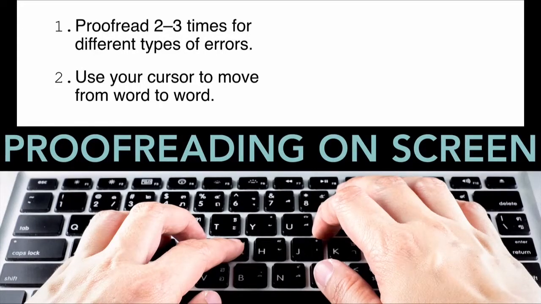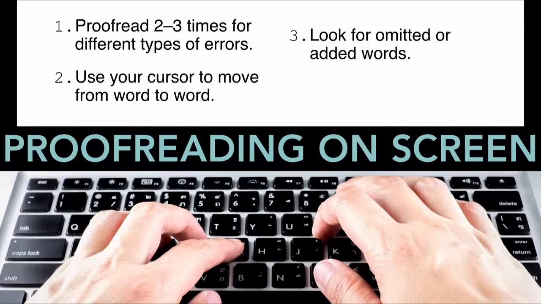Now, this serves almost like the ruler or your finger, as I was talking about earlier, when you're using your finger to guide you through the lines of your document. And then look for words that may have been somehow omitted or added when you revised the document.